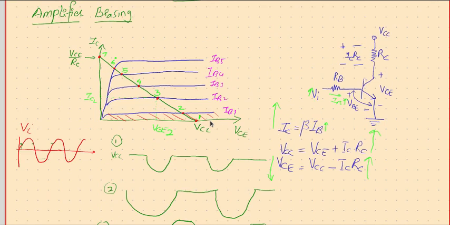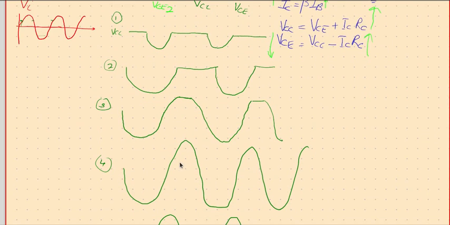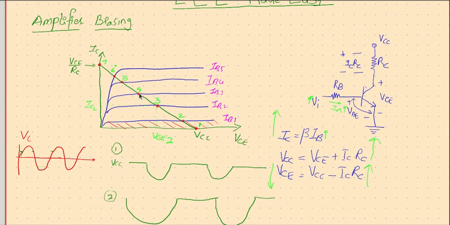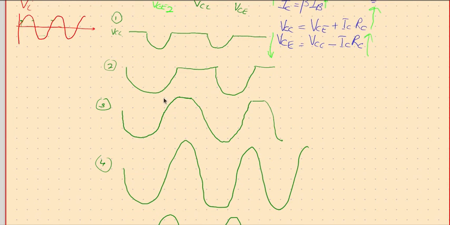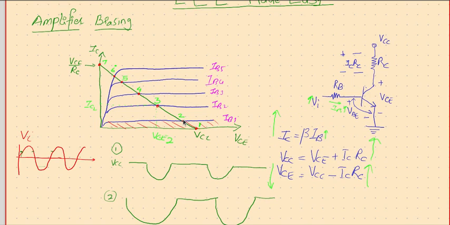So the question now is, what do you want? If you want the full cycle to be amplified, then make sure to select a point in the center. If you want only half cycle to work, then select this point. If you want less than half cycle to work, then select point 1 as your operating point, and so on.